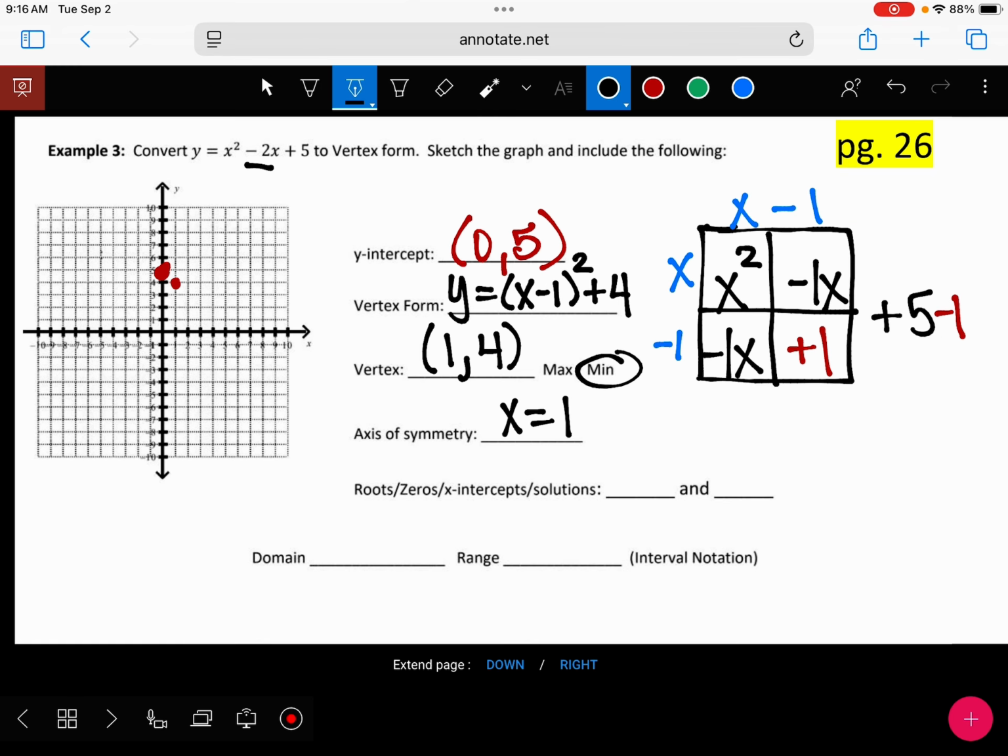Now, when we try to factor it, if I were going to factor this, I would need two numbers that multiply to be 5 and add to -2. Does that exist? No. This has no x-intercepts.